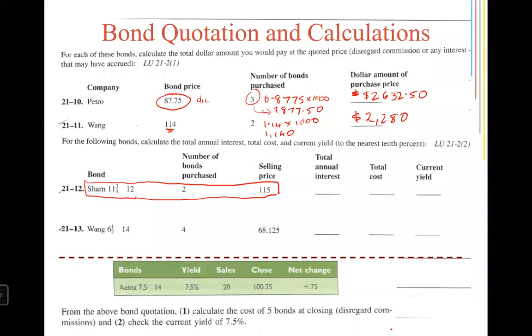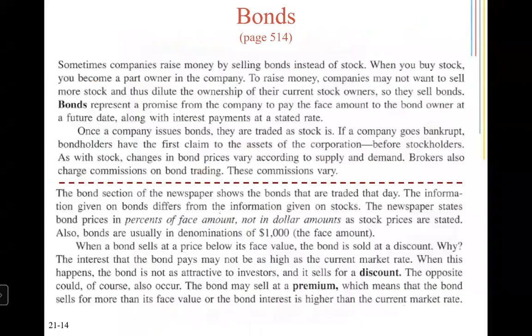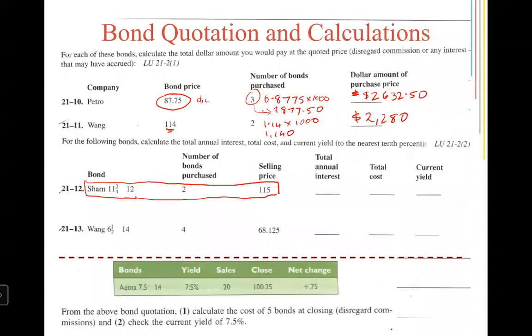What's the face value of one bond again? The bonds are in multiples of what? Remember, we say bonds are in denominations of what? 1,000.